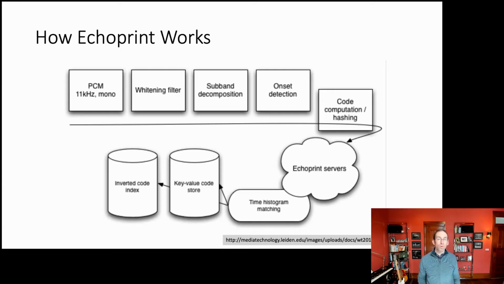EchoPrint is an open source system that performs this type of spectral fingerprinting. And you can see the processing pipeline here. One starts with an audio file, removes various noise from the file, then converts the file into the frequency domain and decomposes it into different frequency bands, so one can see the coefficients that might exist in different frequency bands.